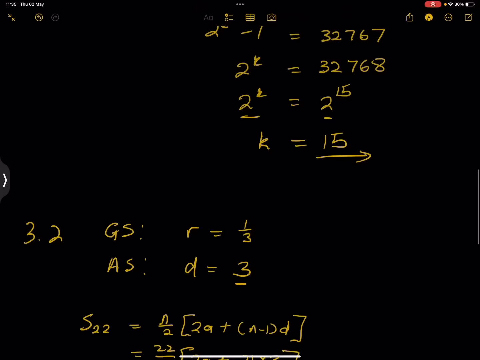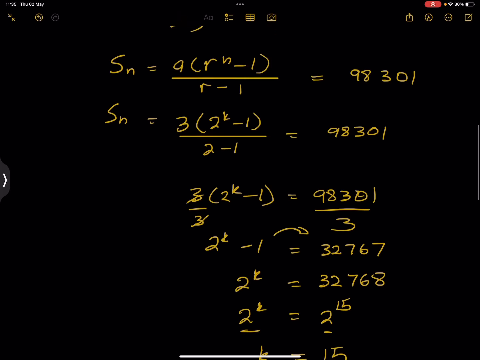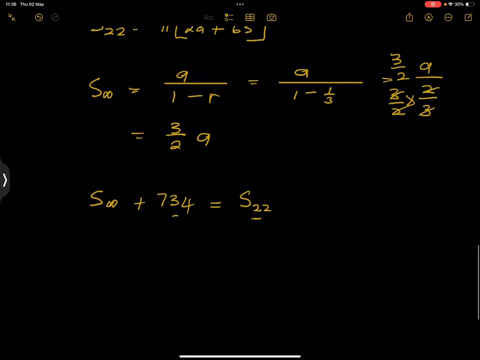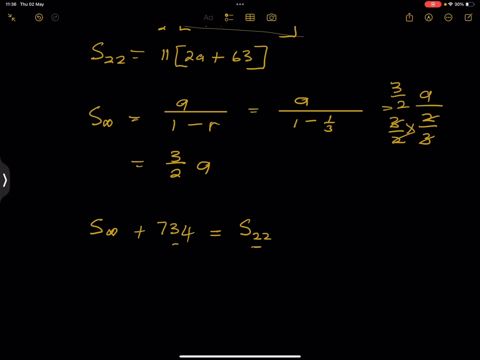The sum of the 22 terms is 734 more than the sum to infinity. So now we can put the two together, which means the sum of the 22 terms minus the sum to infinity should give us 734. Let's work that out.